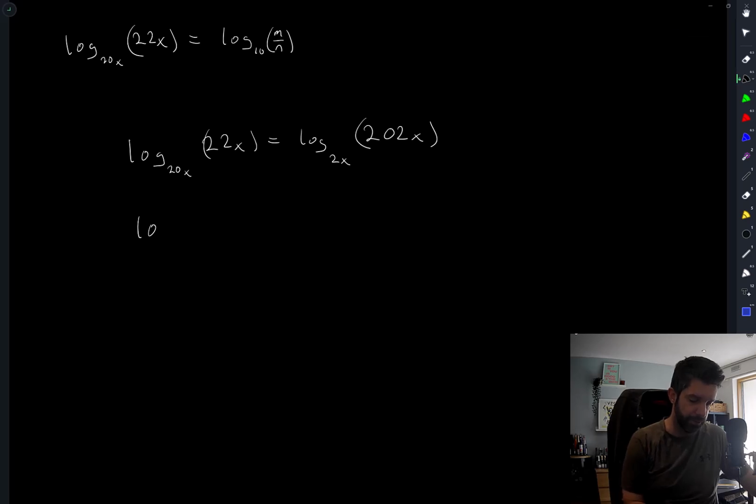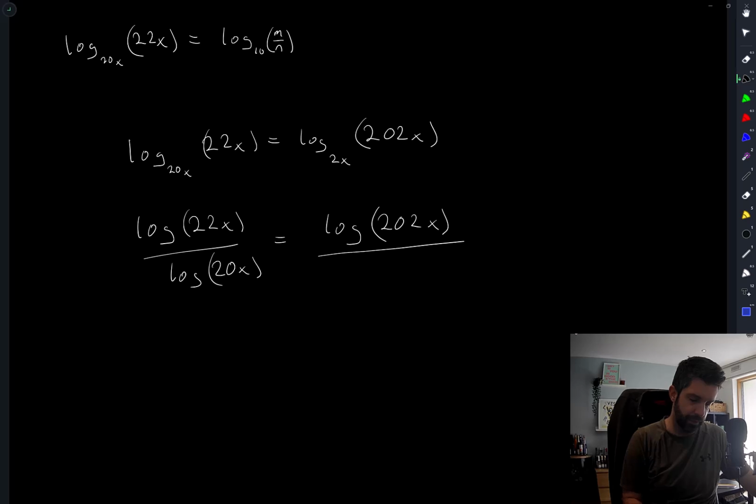But I'm going to write this as log 22x divided by log 20x is equal to log 202x divided by log 2x.